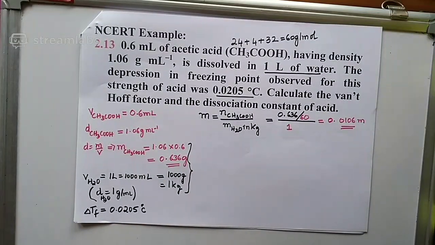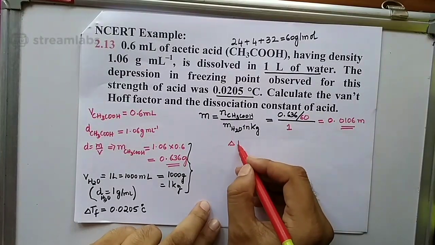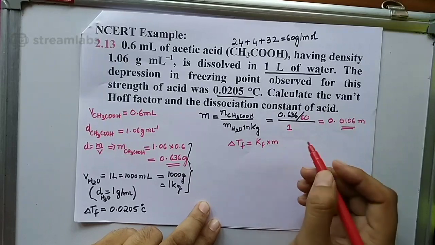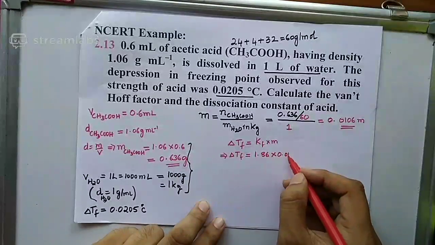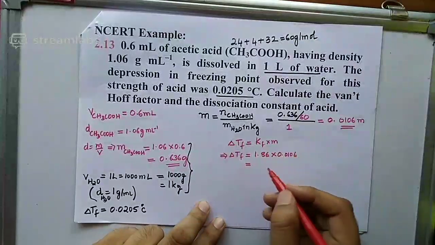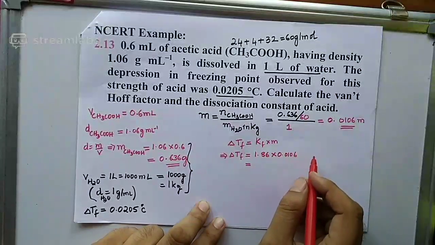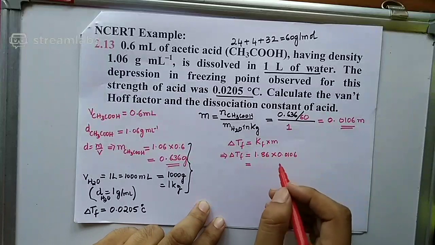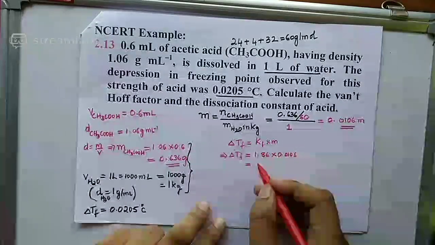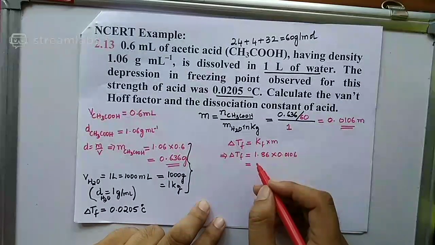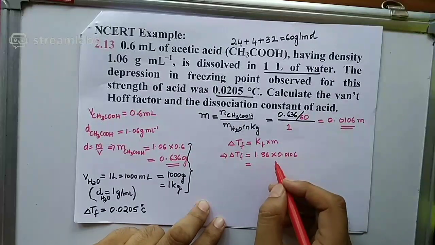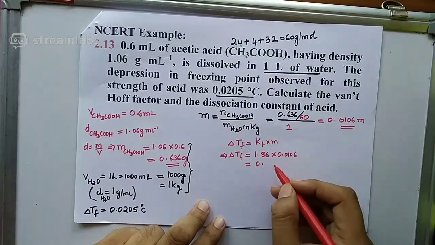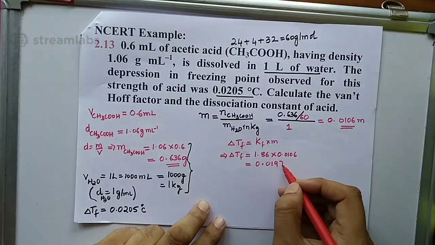Delta TF is equal to KF into m, with m as 0.0106 molal. Without including the Van't Hoff factor, that should be the calculated colligative property. So delta TF will be equal to 1.86 multiplied by 0.0106. The answer comes out to be 0.0197.